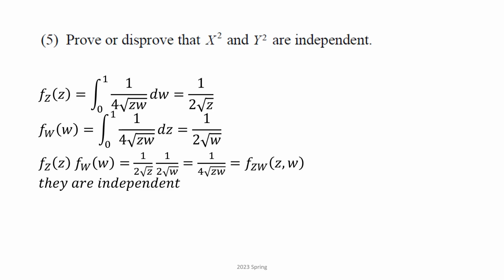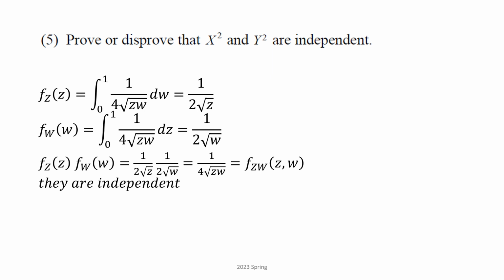The last problem is to prove or disprove that X squared and Y squared are independent. So we first calculate f_Z, and it equals the definite integral from 0 to 1 of 1/(4 times the square root of zw) dw, and equals 1/(2 times the square root of z).